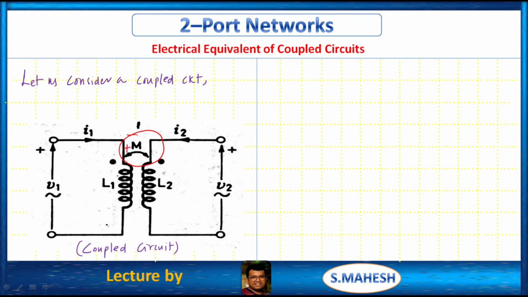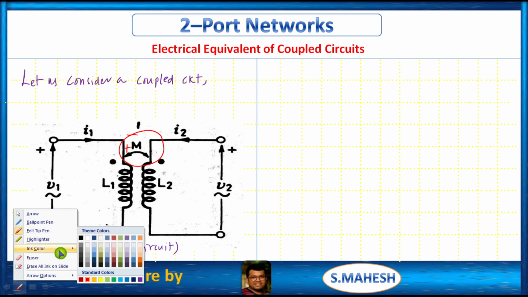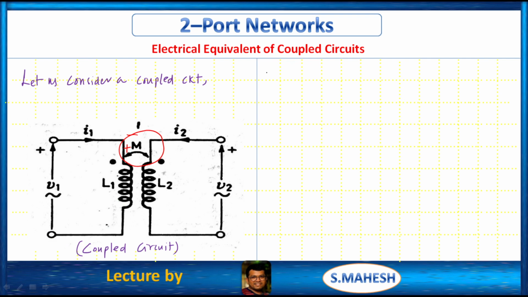See, from both the loops, the coils, the current enters the dot, right? Where M is positive because for the loops in both the coils, the current enters the dot.